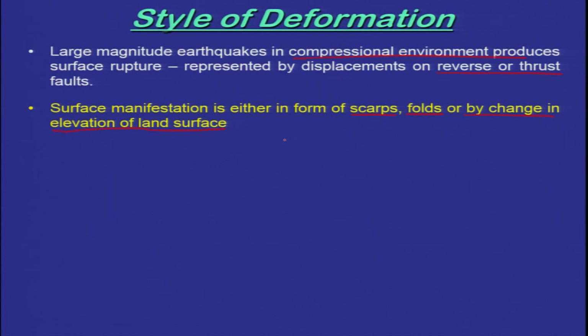That means either we will have a very definite surface scarp which has developed, or we will see just folding, or a land level change, just a change in the elevation, and the formation of scarps here. Of course, after erosion you will see something like that.